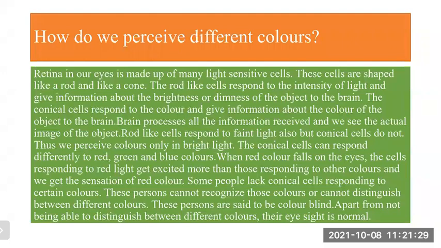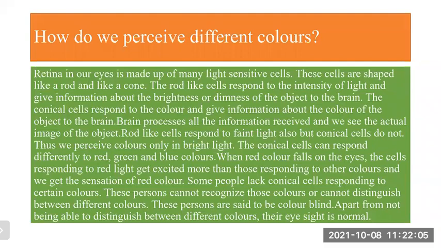So whenever some object is placed in front of our eyes, its image is formed on our retina and therefore we are able to see that object. Now, not only are we able to see the object, but we are able to identify the color also, isn't it? We are able to identify the color of that object as well. So let us study how we are able to determine the color of the object also.